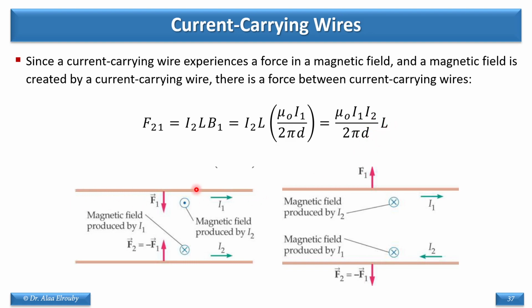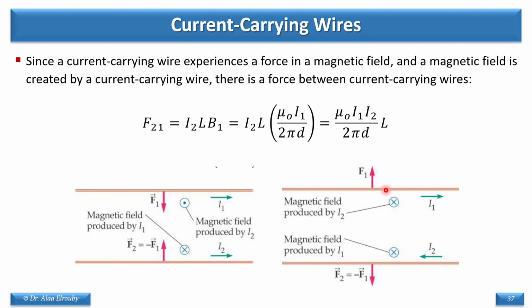So if the two currents are in the same direction, I2 cross B1, this is going inside, so the force here will go in, the force here will go in also, so those are attracting.